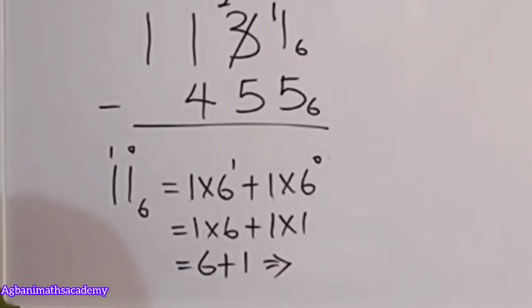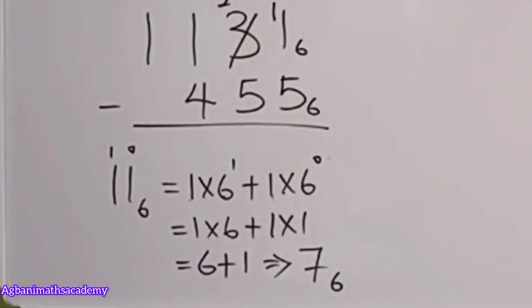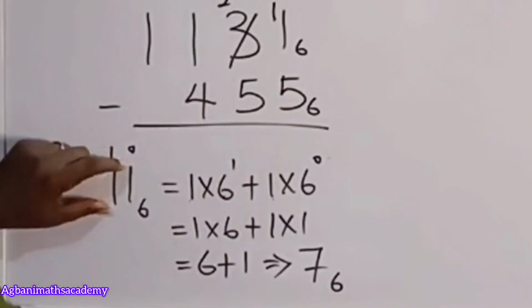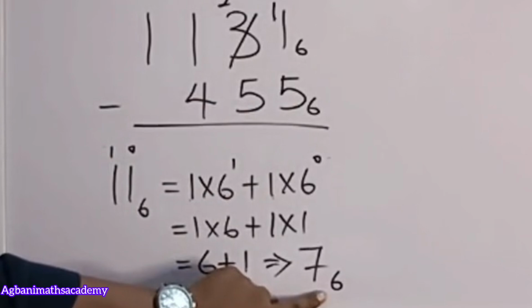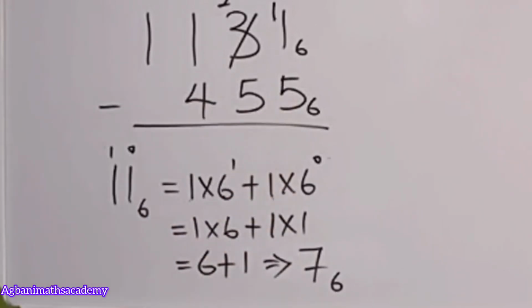That means the answer is 7 base 6. So 11 base 6 in its correct form is actually 7 in the incorrect form. The number you are going to use to subtract 5 is not 11, but this 7.